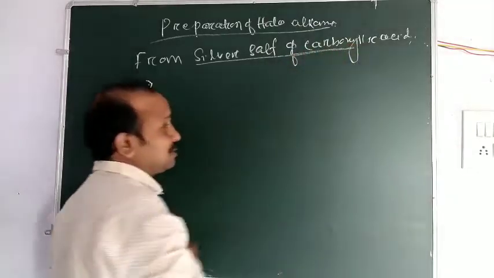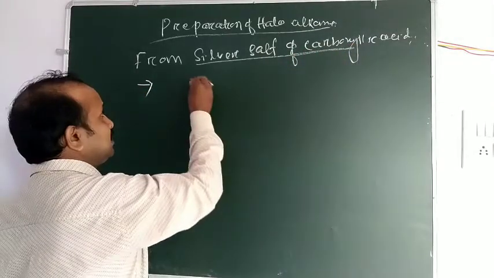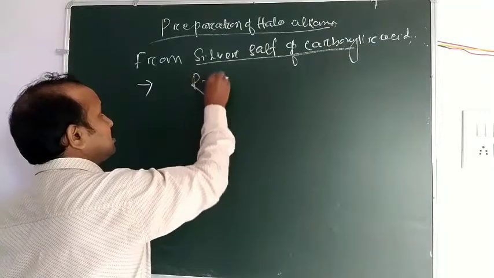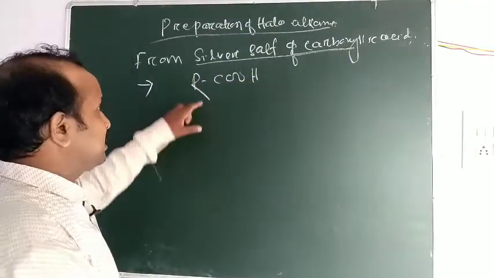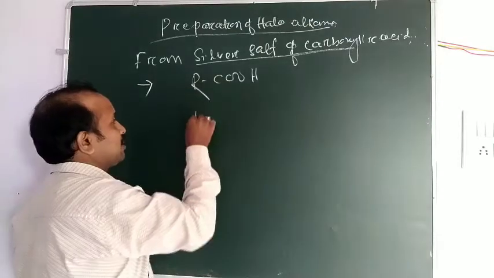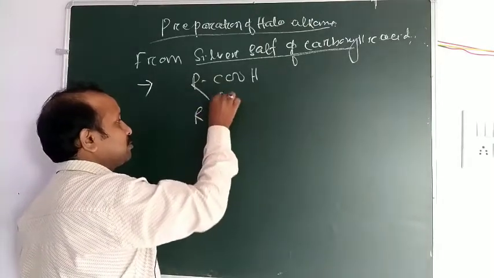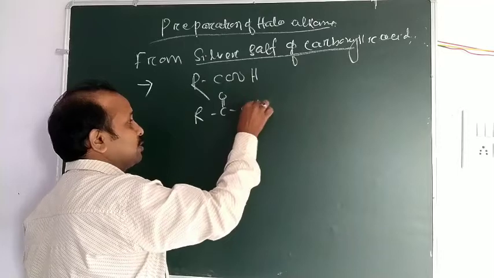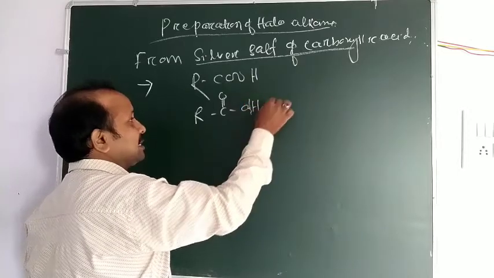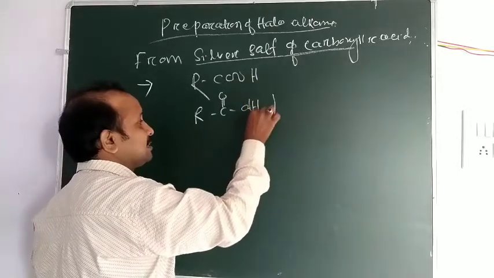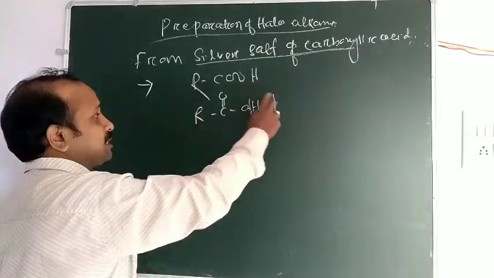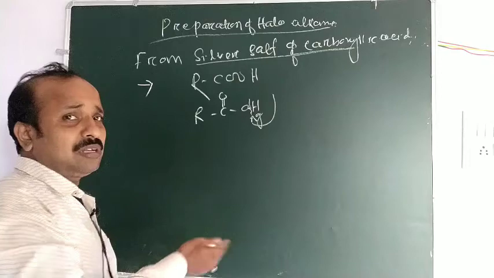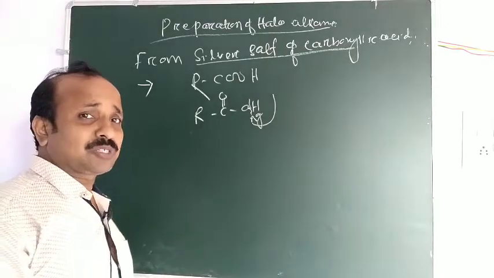Carboxylic acid means RCOOH, or R-C double bond O single bond OH. When this H is replaced by Ag, it is called silver salt of carboxylic acid. If this is replaced by Na, then it is called sodium salt of carboxylic acid.